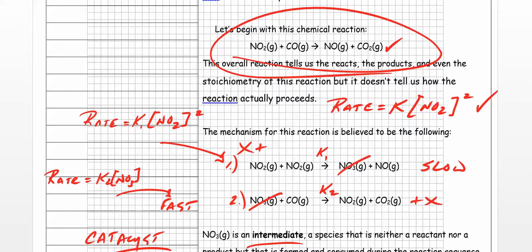All right? So it's concentration of NO3 to the first power times the concentration of CO also to the first power.